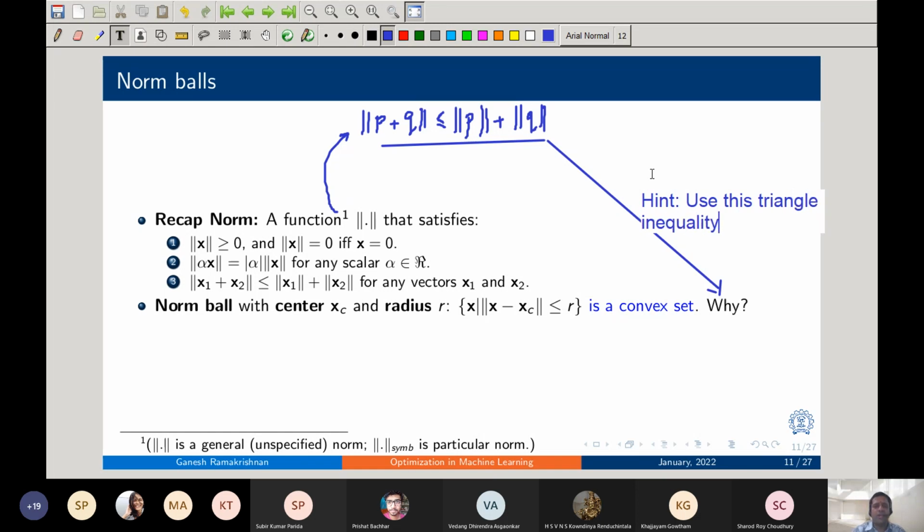Okay, how would you do that? It's not very difficult. Would anyone like to suggest how this can be proved? What would you do?